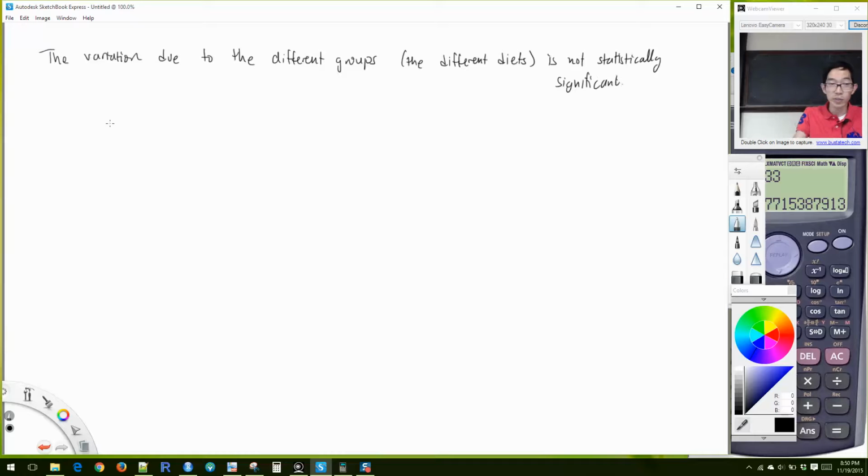And so we would say we do not have evidence that the means of each group, of the different groups, are different from one another.